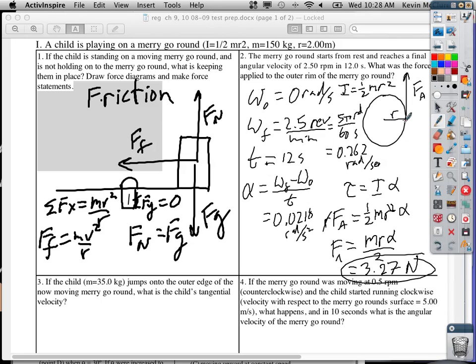Do you see how this is a force, but it has a right angle? That's how you want to think of the torque. Because remember, the definition of torque is the perpendicular distance from the pivot to the applied force. What does that mean? It's a force with a right angle in it. So you go from the center of rotation out to wherever that force is applied, and then it's got to be perpendicular.